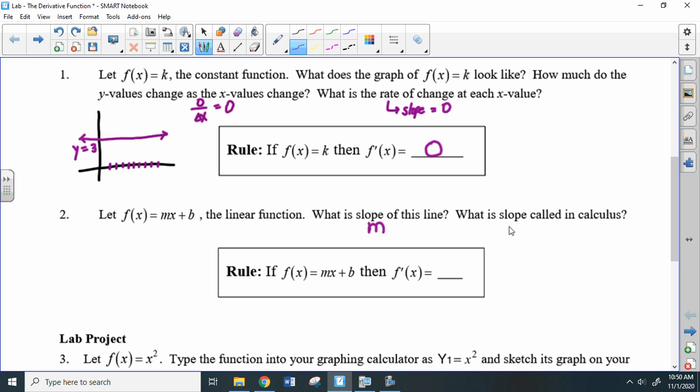Slope is the same thing as rate of change, and rate of change is the same thing as derivative. So if the slope of all linear functions is its rate of change, then it is also its derivative. If f of x equals mx plus b is your function, so if you have a linear function, then the derivative of that linear function is just the slope.